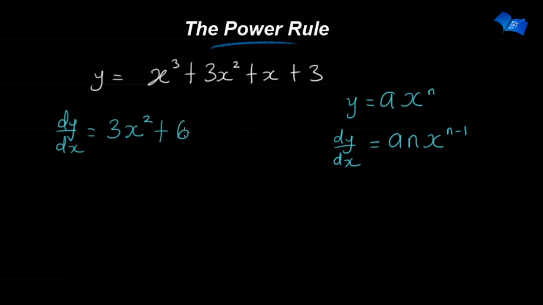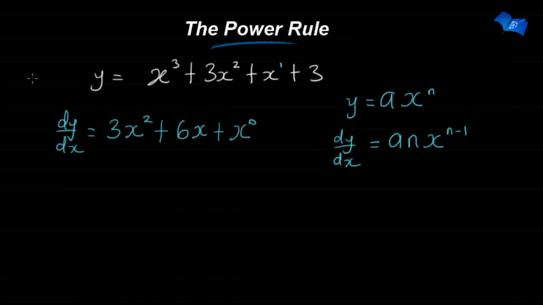That will be 6, right? 6x raised to power, I'll reduce this by 1. That will be 6x raised to power 1, which is 6x. Then plus the power here is 1. There's a 1 here. So 1 times x is x. Then raised to power, I'll reduce this 1 by 1. That will be 0. So x raised to power 0.